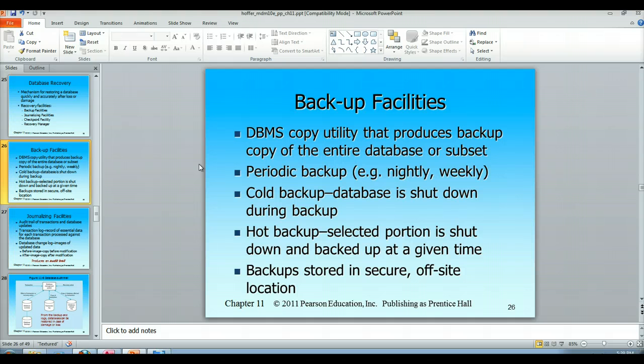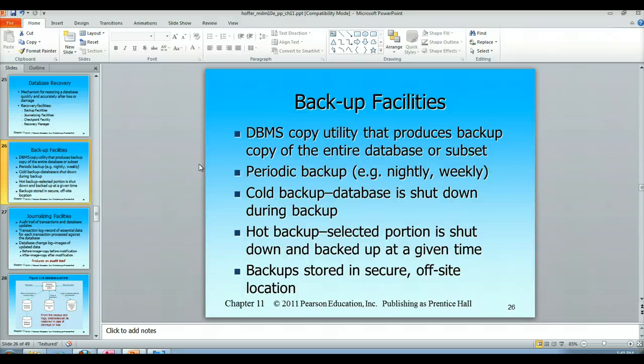So storing your backups in your house is not a good idea. Storing them in your car might not be a good idea either, because your car might get into an accident, or get stolen, and now someone's got your backup of all of your personal information. Those are the kinds of things you want to keep track of.